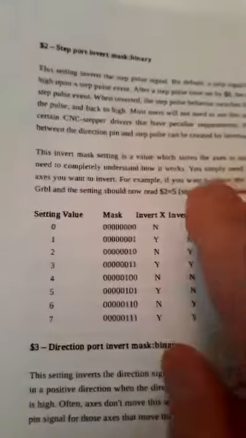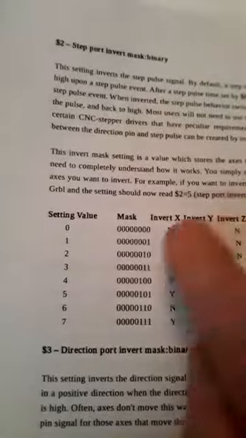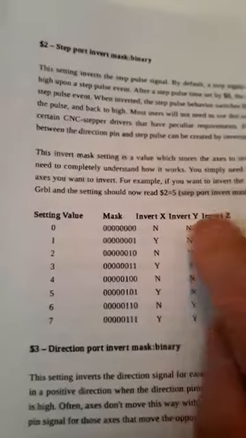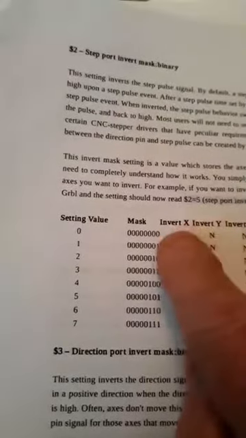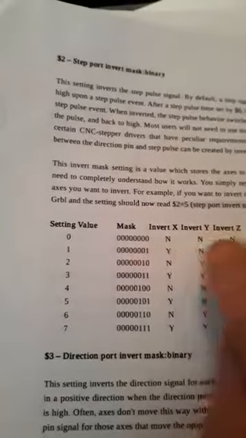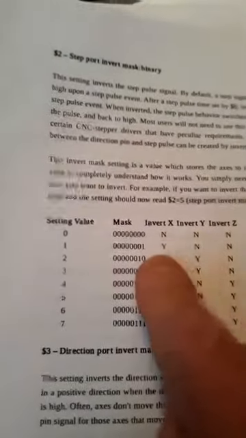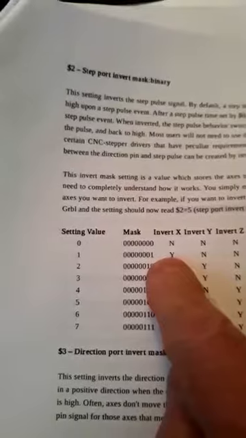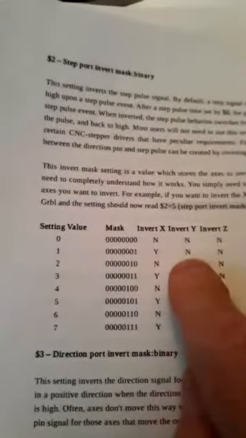Now, remember I said my Y and my Z were going in the correct direction. So I do not want to invert my Y and I do not want to invert my Z. I just want to invert my X. So I will look for yes, no, no. And right here, second one. Yes, I want to invert my X and not my Y or my Z. So forget the mask.